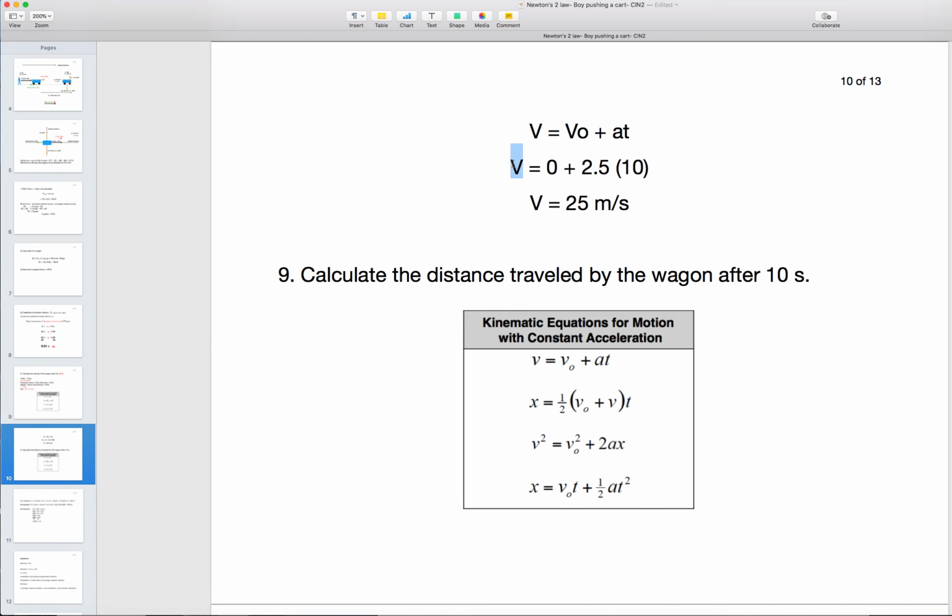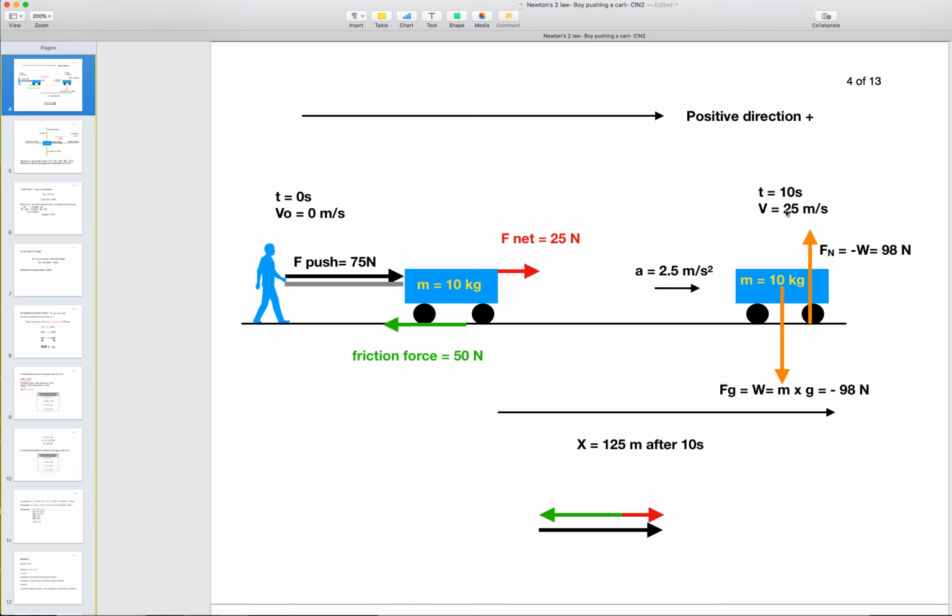He started with 0, and then the acceleration is 2.5, and the time is 10 seconds. When we do the calculation, the velocity would be 25 meters per second after 10 seconds. So this is it. After 10 seconds, the velocity will be 25 meters per second.